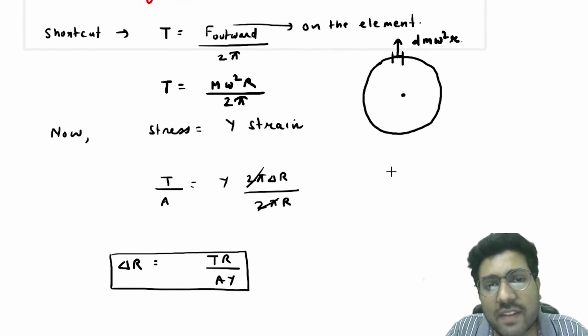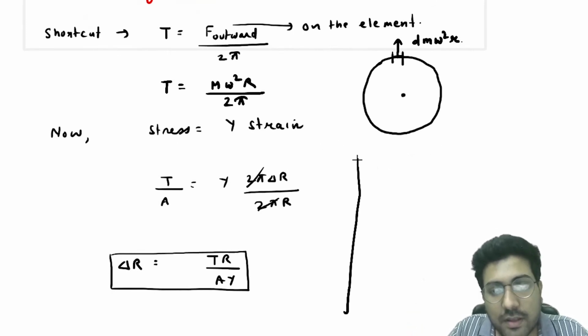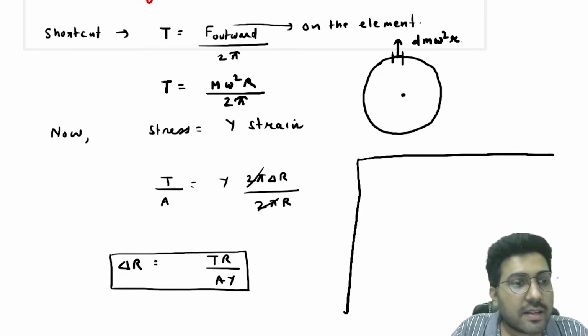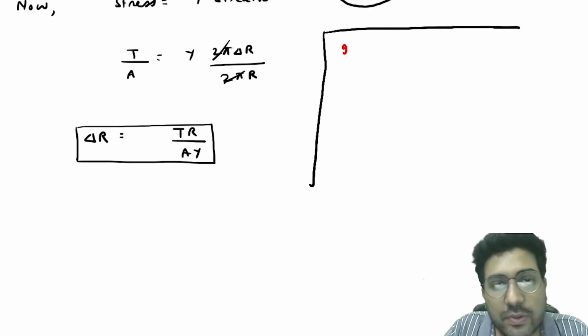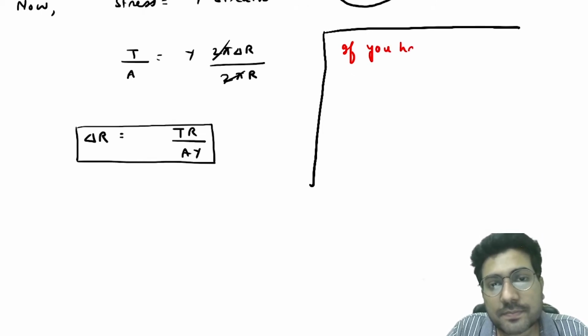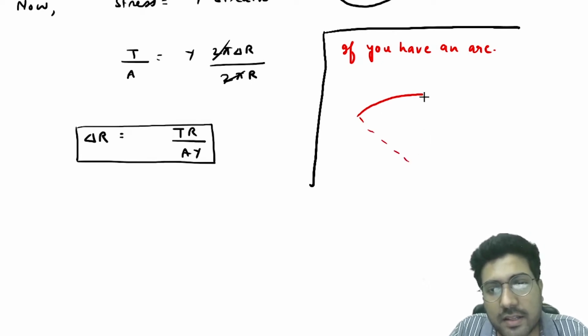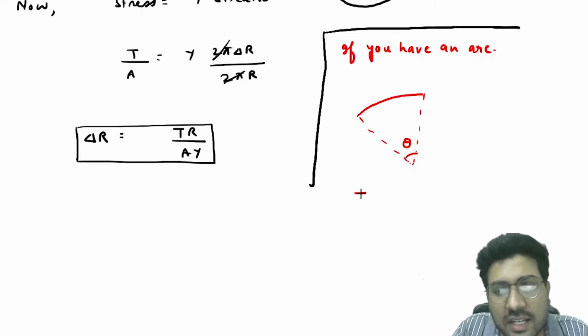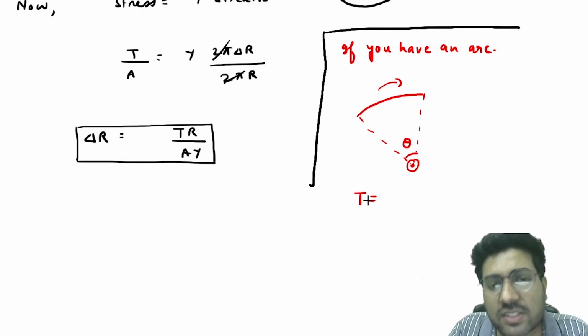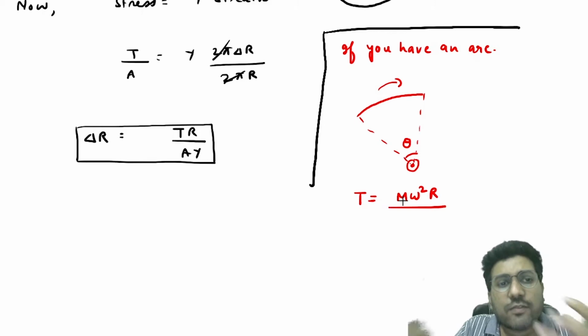See, if you have an arc, I'll write it here. If you have an arc, then this is the arc and this angle is theta, then the tension in this arc will be equal to, suppose this arc is only rotating about this axis, then you will say that tension is equal to, again, m omega square r divided by, instead of 2 pi you will write theta.